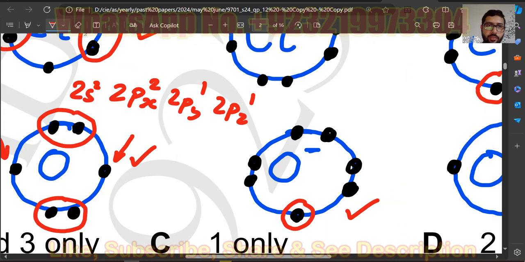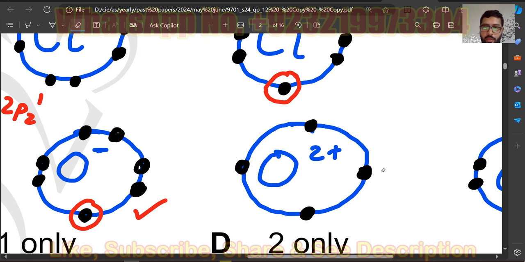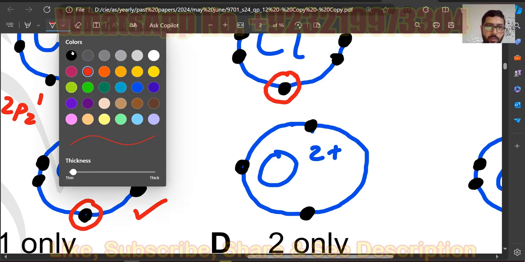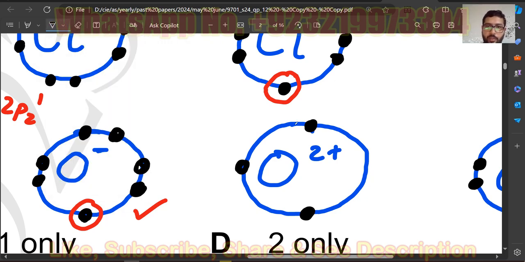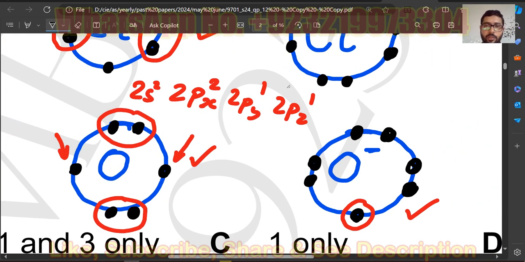Alright, there is a slight mistake in my diagram. I have to redraw it. I'm going to erase one circle from here, and I'm going to put a lone pair over here. The reason is that if we follow this rule, we have to remove two electrons.